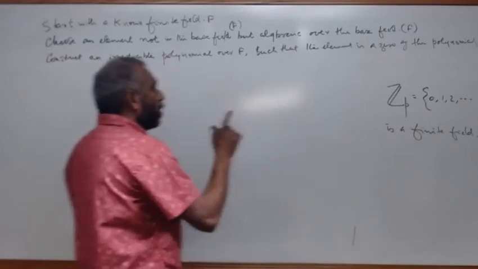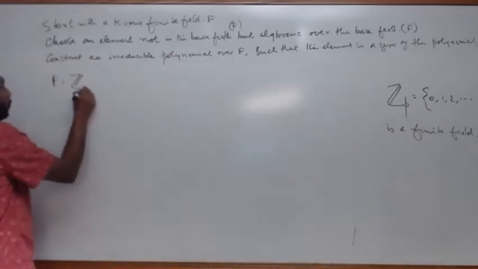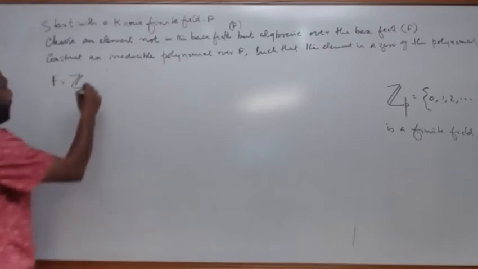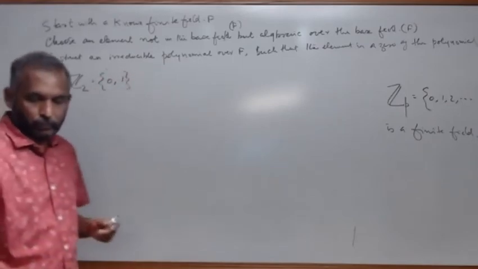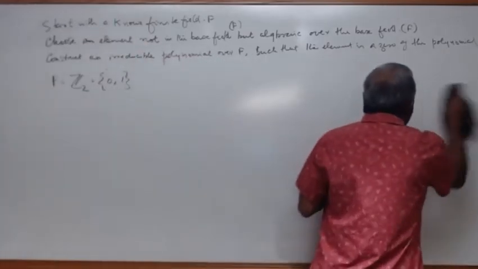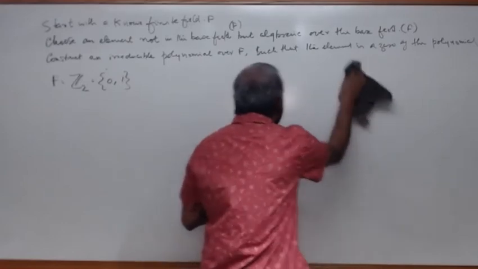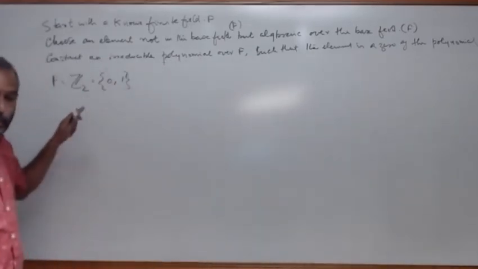So we will take the smallest one. Our F is going to be Z2, and that contains just 2 elements. And we are going to construct an irreducible polynomial over Z2[x].